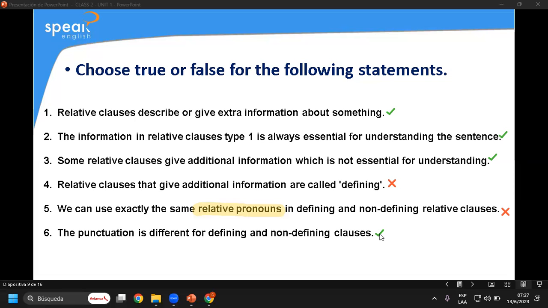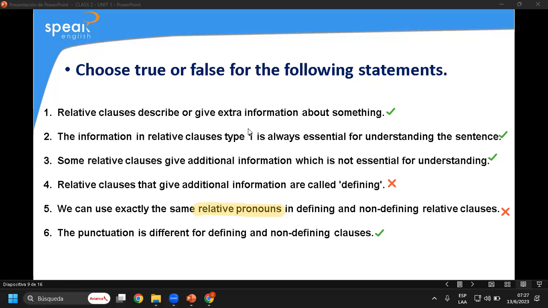So if you see, guys, this is basically the most important essential information when we are talking about relative clauses. So remember, we have two sentences and we want to put the sentences together. If we want to join them, we are going to use the relative pronouns. What is that? The WH words. We have two types of relative clauses.